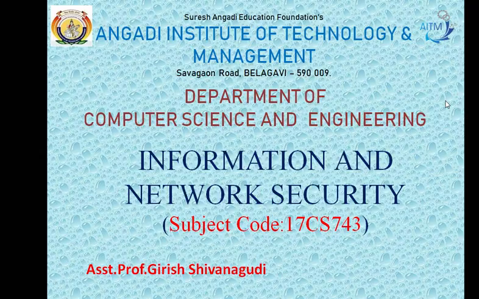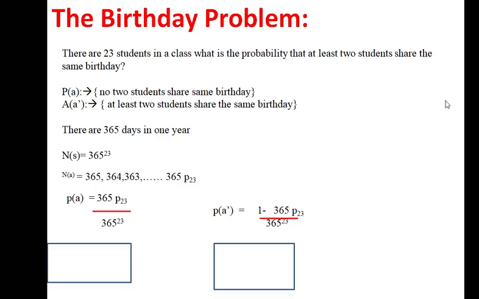Today we will discuss the concept of the birthday problem. Assume that there are 23 students in a class. What is the probability that at least two students share the same birthday?